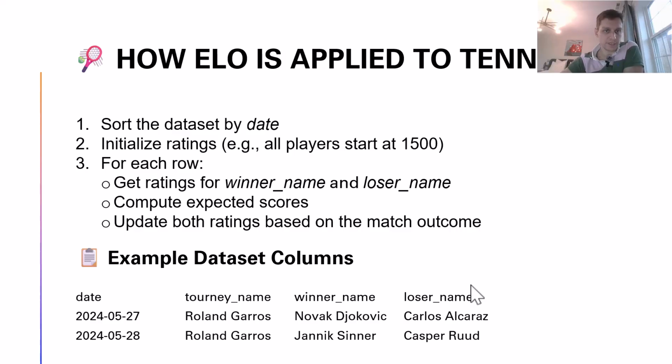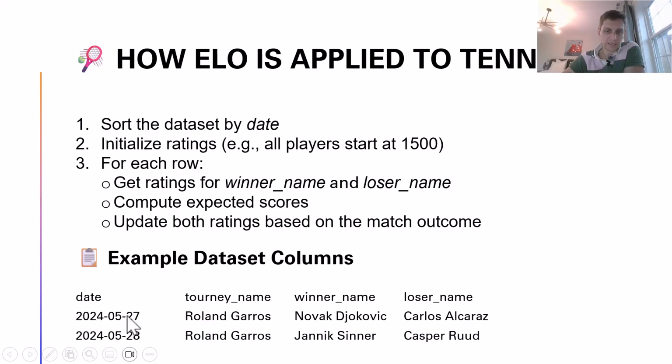So here is a quick example of the algorithm that we'll be using. We're going to sort the dataset by date. We're going to initialize the rating at 1500 for every player on the 1st of January 2024. And for each game, we'll get the rating for the winner and the loser, compute the expected score, and update both ratings based on the match outcome.